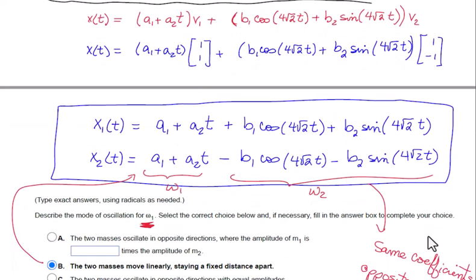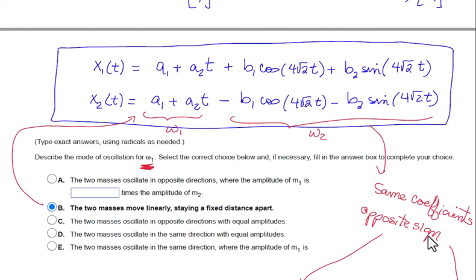And so if you do that, you get x1 looks like the following, x2 the following. Now they're almost identical, especially the omega 1 parts, where we had an eigenvalue of 0. So what happens? The masses are going to move linearly. Why? Well, because these are linear functions.